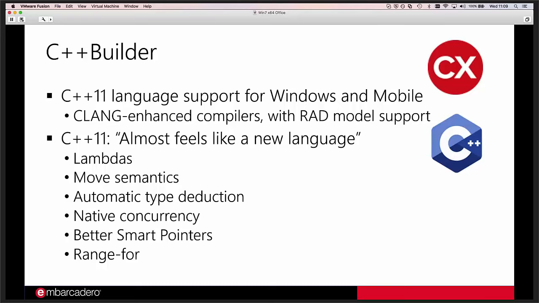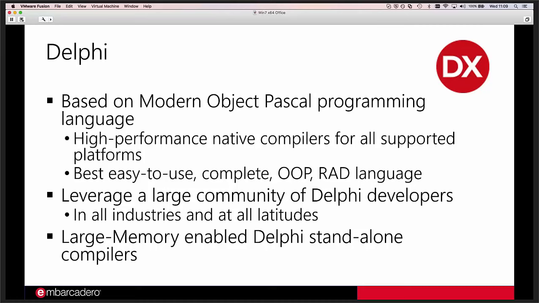You can build C++ applications, but with reusable components, and all the latest language features are there, so you can be productive in C++. Delphi is also the key foundation of RAD Studio. RAD Studio is a combination of Delphi and C++ Builder. You can have both as RAD Studio, or just Delphi standalone or C++ Builder standalone.